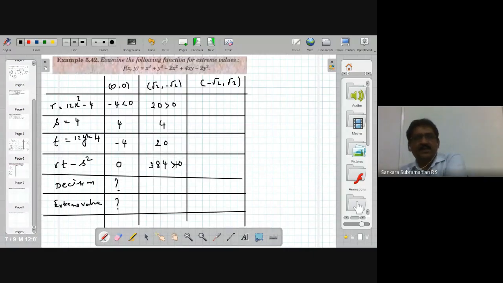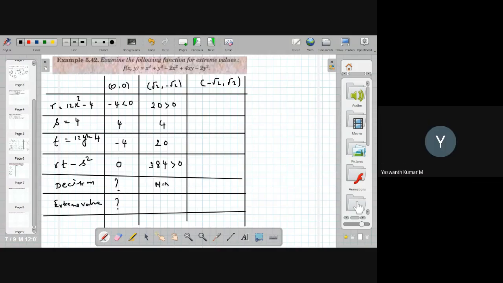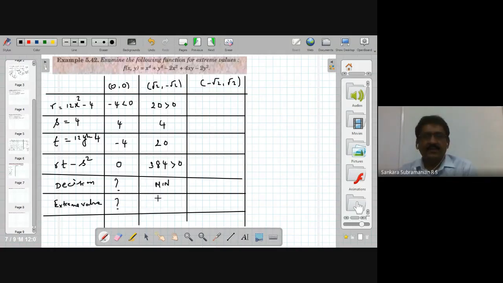What is the decision? Here RT minus S square greater than 0, R is greater than 0. So what is the decision? Minimum. And let me find the minimum value later. And for this case, when x is negative value, you'll also be getting the same 20.